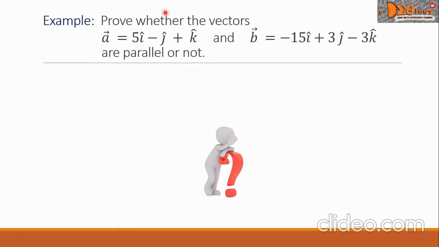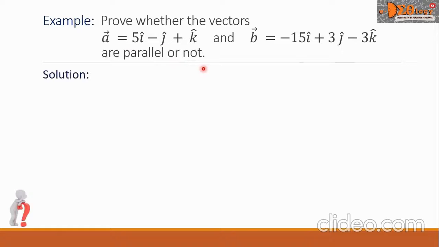Example, prove whether the vectors A equals 5i minus j plus k and B equals negative 15i plus 3j minus 3k are parallel or not. We will show that vector A times vector B equals 0, so that the two vectors here are parallel.